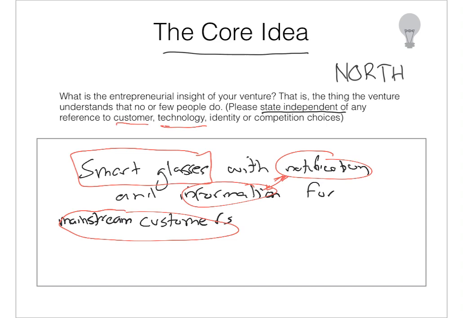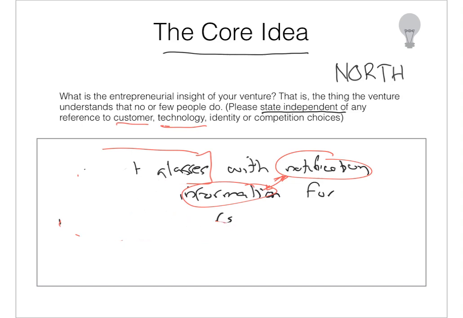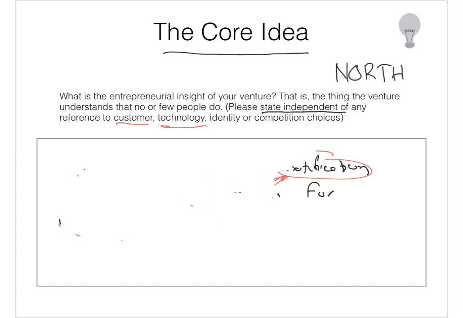What we really want to do is find a way by which we can take this entire statement and reduce it to its essence. Now, there are a lot of different ways to do this, but the common notion is whatever their idea is shouldn't actually change as they change their strategy. So if they suddenly chose, for instance, to make smart glasses for a specific medical use or something like that, that would be a different customer choice than what they're presenting in this video.